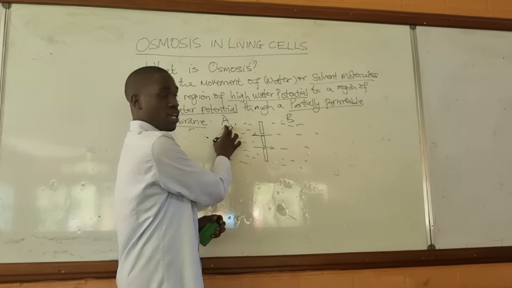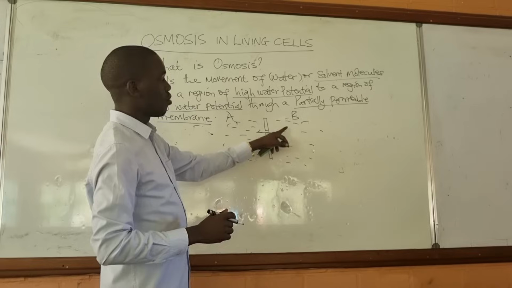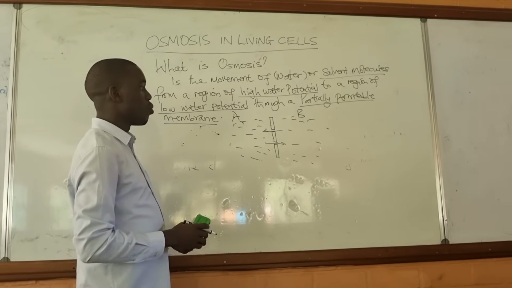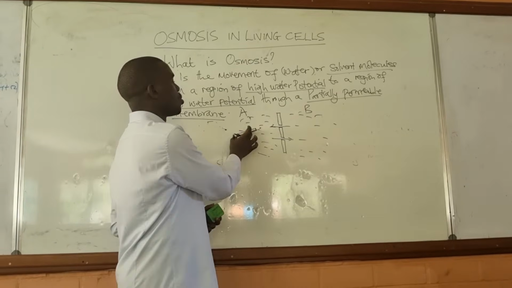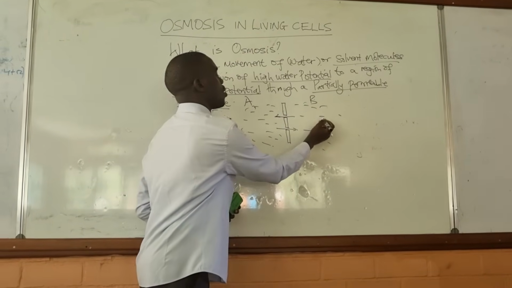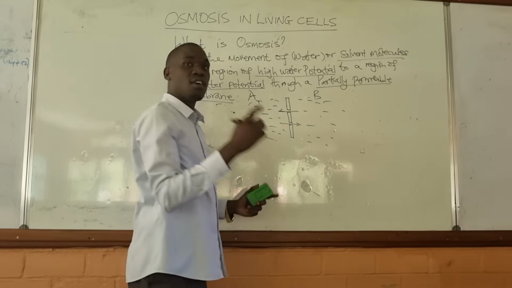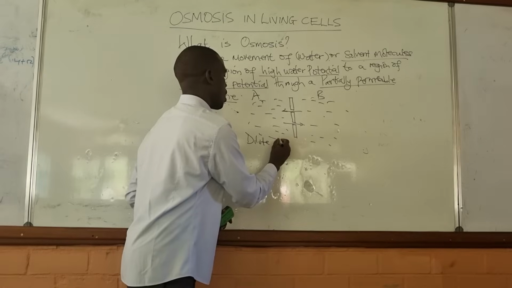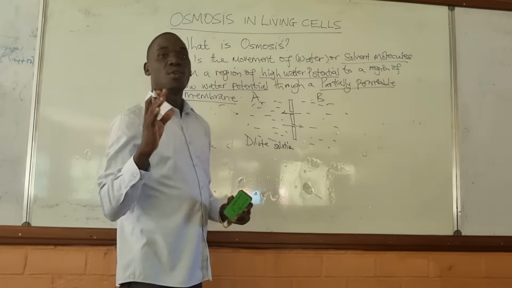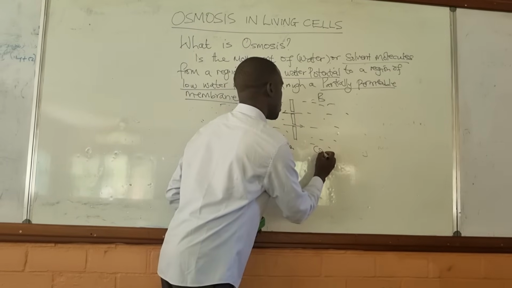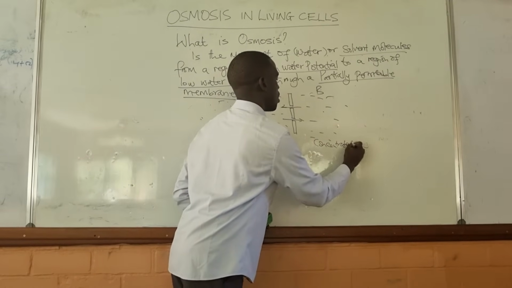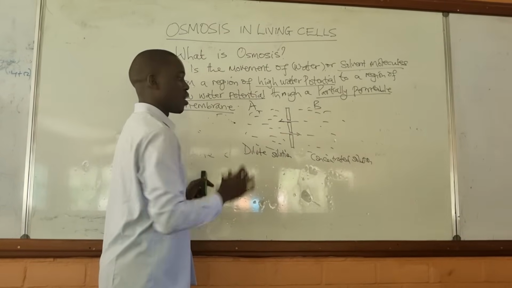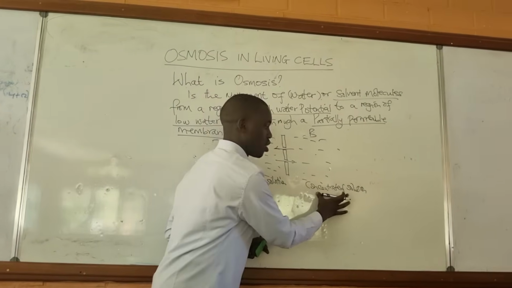Take for example, A has high water potential and B has low water potential. So the water molecules move from a region of high water potential to a region of low water potential. High water potential is in a dilute solution, and low water potential is in a concentrated solution. In a dilute solution you have more water, then in a concentrated solution you have little water.